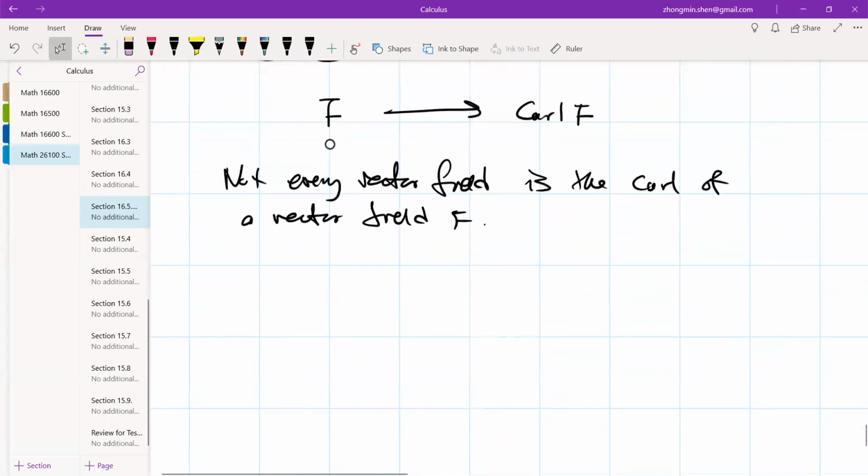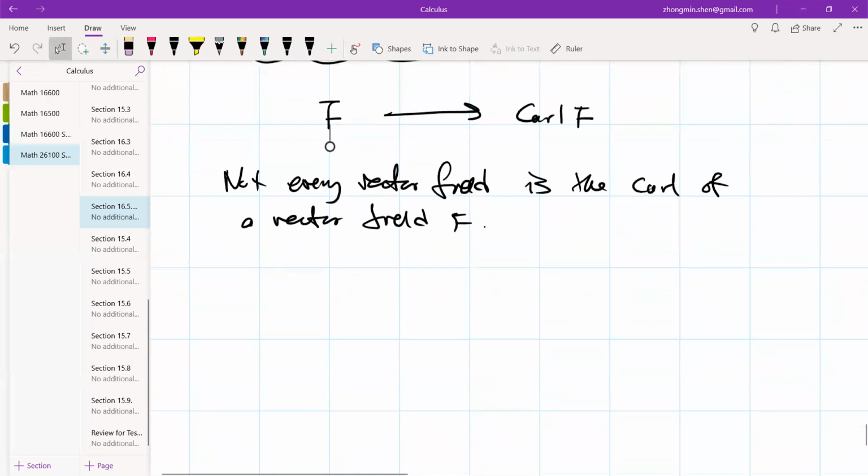It looks very arbitrary: given a vector field, I can get another vector field. But actually they're very special. The curl of F is a special vector field. And how special is it? We can look at it.